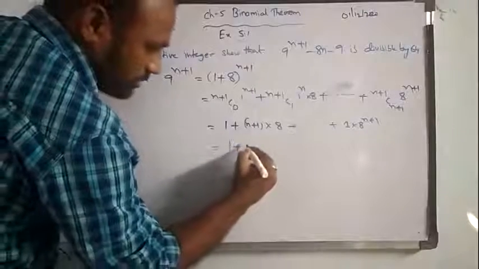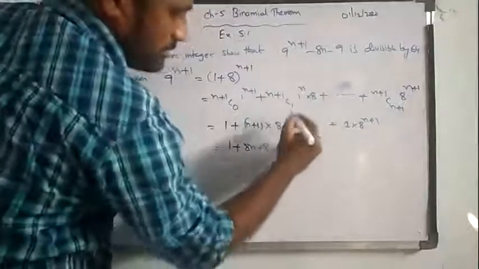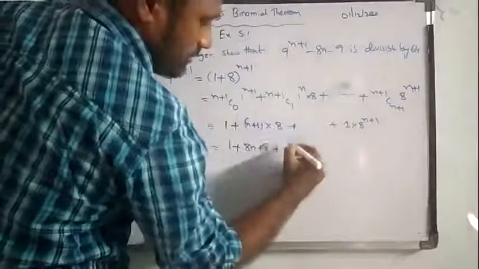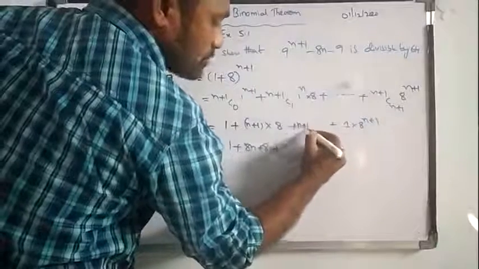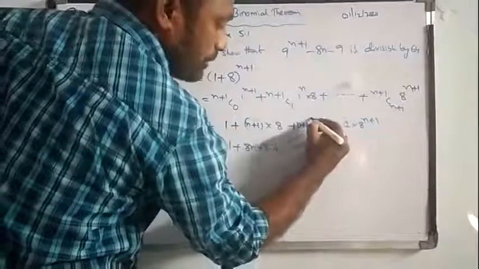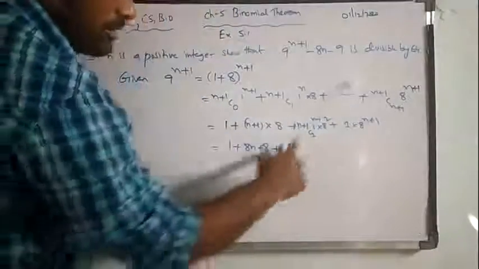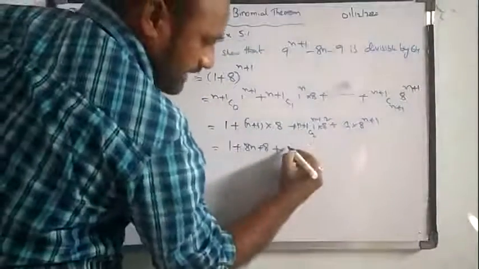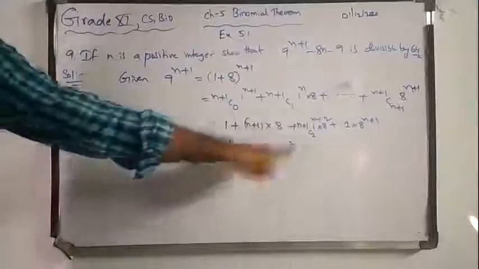So this can be written as 1 plus 8n plus 8 plus, next term, (n plus 1)C2 1 to the power of n minus 1 into 8 square. If I take 8 square common, why am I taking 8 square common? Because I need a term divisible by 64, and 8 square is 64.